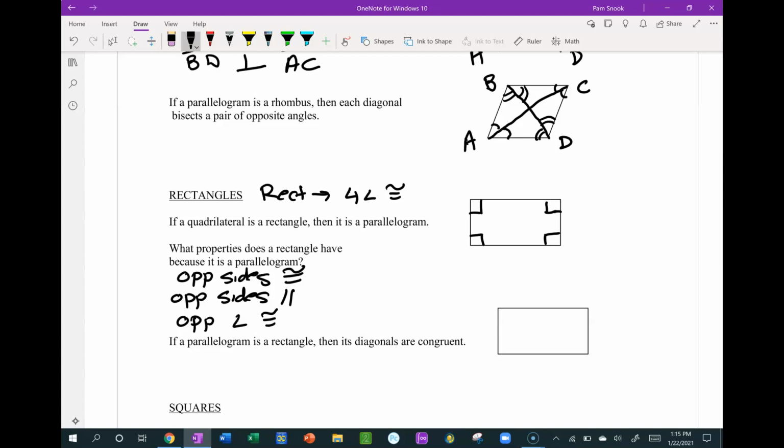We know the consecutive angles are supplementary. Let's take a look at this. 90 plus 90 equals 180. So that works. And we also know that the diagonals bisect each other.